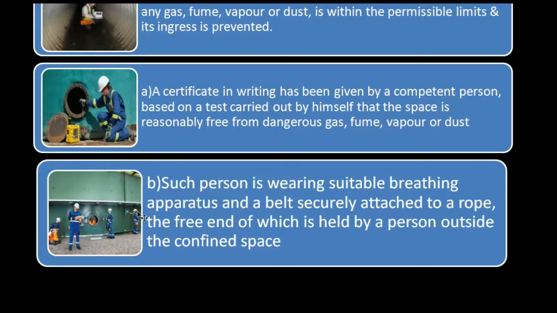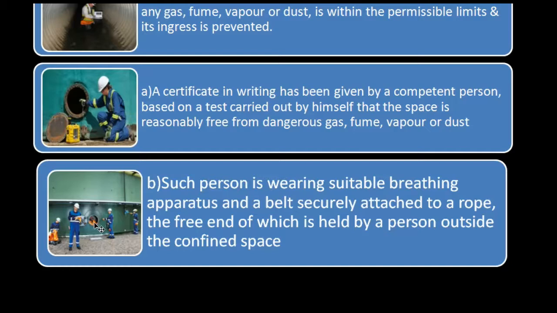When a person enters a confined space, even after ensuring the above things, there are chances that pockets of toxic or other gases might be present. So in order to not take any risk, the person has to wear a breathing apparatus and enter the confined space.